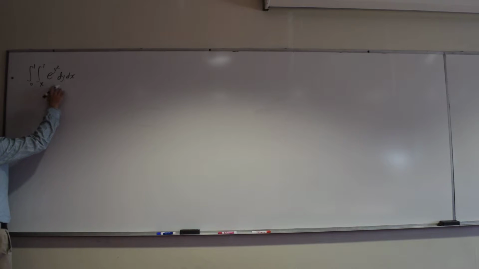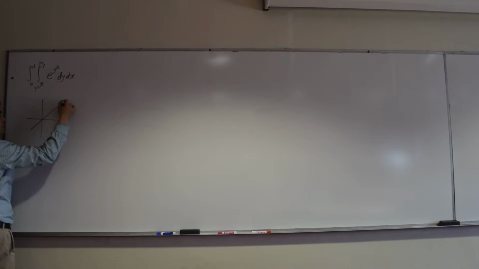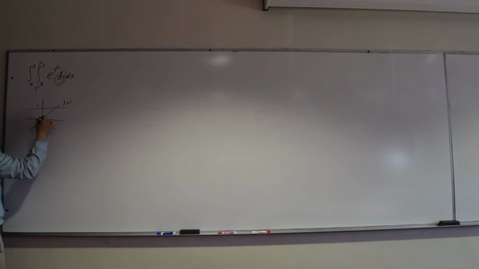To change the order of integration, you have to draw the domain. y equal to x and y equal to 1 should be drawn. y equal to x is this, everybody knows that. y equal to 1 is here. Because it has dy, it's an increment in the y direction, which means you're going upwards. So you start at y equal to x and go upwards until you reach 1.